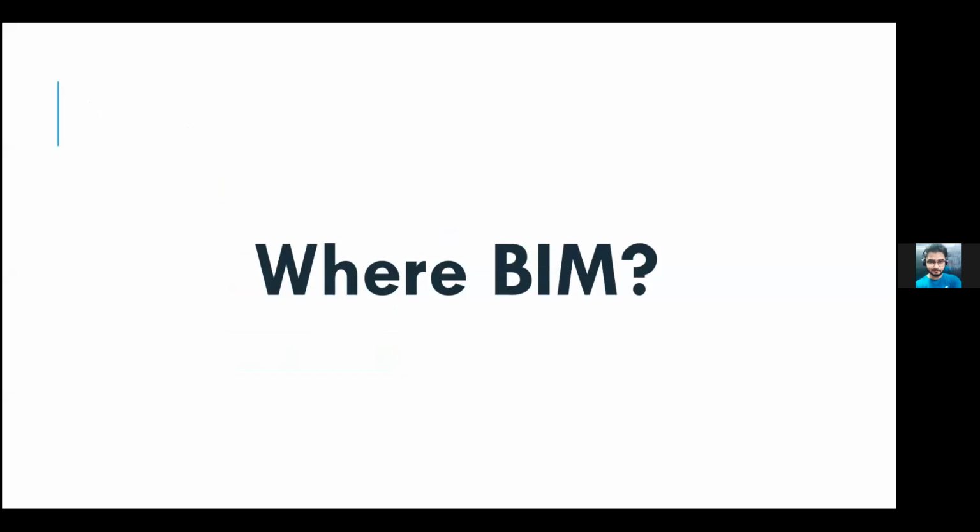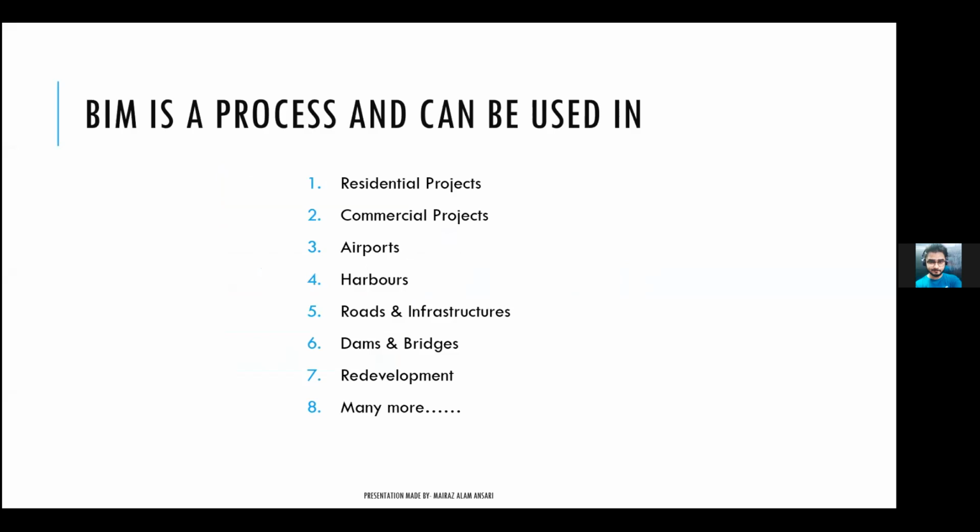And now let's discuss where BIM is used. Basically wherever there is construction, from medium scale to large scale. In a small scale it is not happening in India, but from medium scale to large scale it is going to happen. Wherever there is a construction there will be BIM, because BIM is a process, and wherever the architectural, engineering or construction process is happening, there will be BIM.